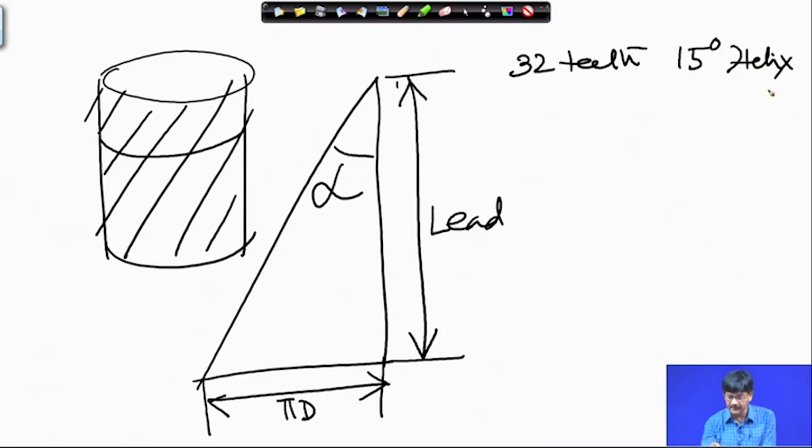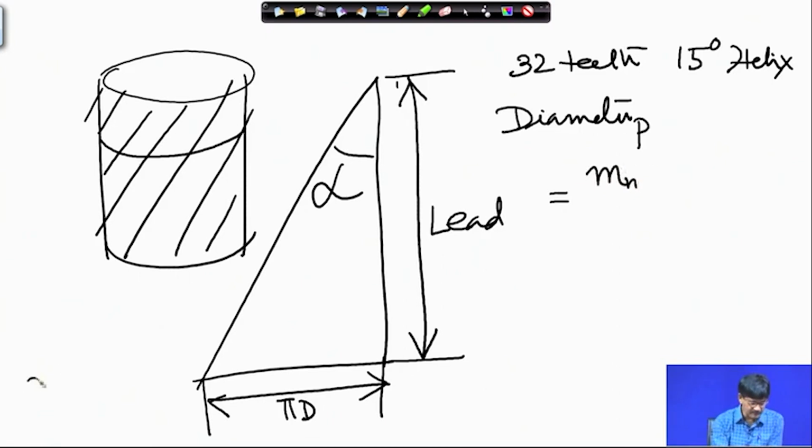So, first of all, we will be calculating the pitch diameter of the gear. What will this be equal to? It will be equal to, module will be given, normal module. So, let me write down Mn is normal module.